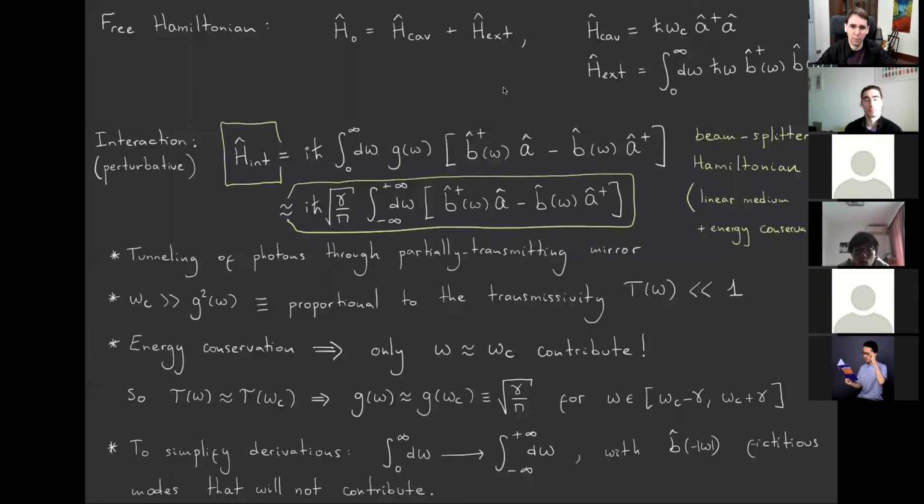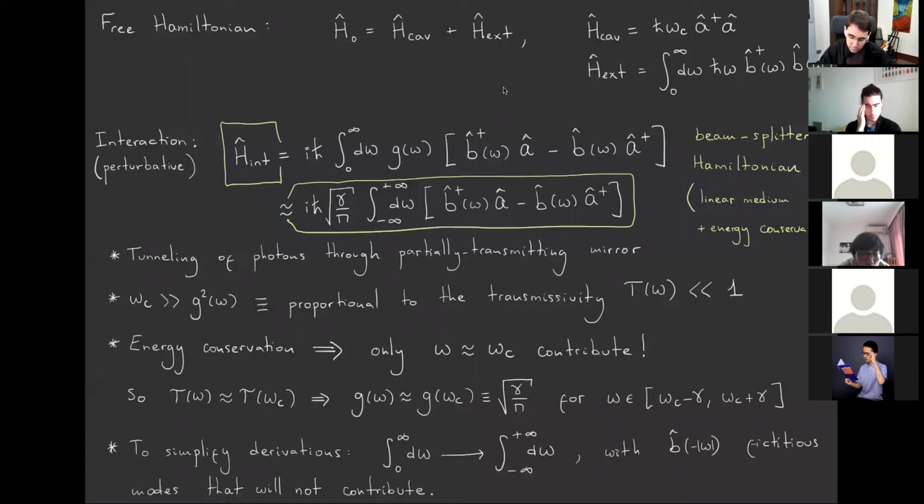That would make it impossible to do experiments with such a sensitive system. So in general, around the cavity frequency, we can approximate this coupling of omega by just a frequency independent coupling that depends only on the cavity frequency.